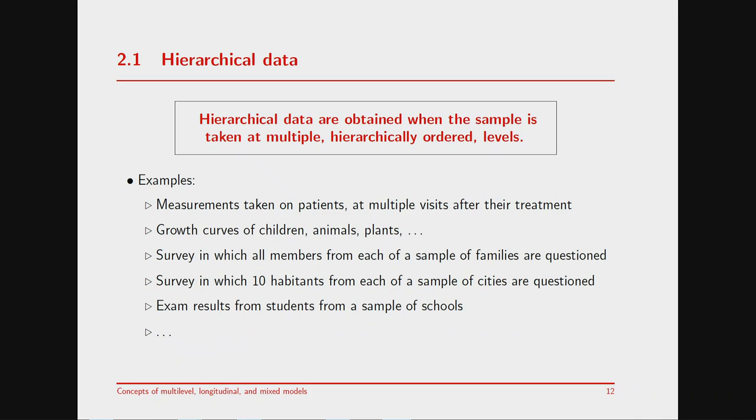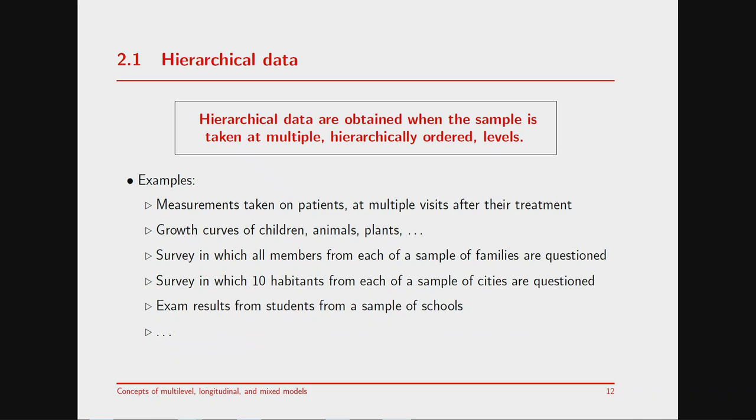Then for every human being in your study, you have for each outcome only 1 observation. But of course, there's still a hierarchical structure in this data set, because you first have a level of the families, and then within the families, you have the family members. So you have, again, that same kind of structure in your data set.